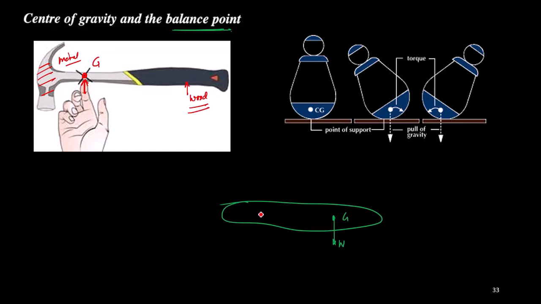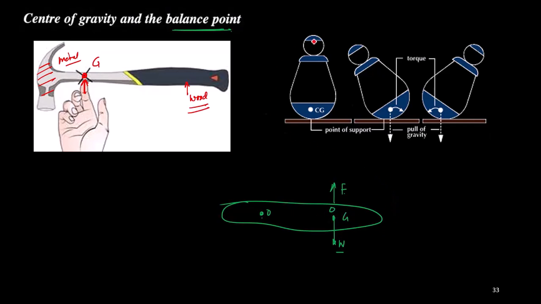If I support at point O elsewhere, then about O the weight W will give a moment, which means it will not be in balance. So O should be over here. That means you give another support F, so that W has zero moment about O, and it will be in the balanced situation.